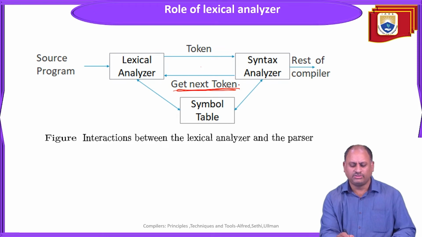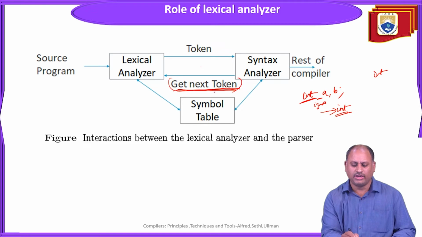First the first token is read, then the second token. For example, int a comma b. Here the i and t are read, then the corresponding token is released. After that, it is sent to the syntax analyzer, ignoring the space, and then it sends one more command.